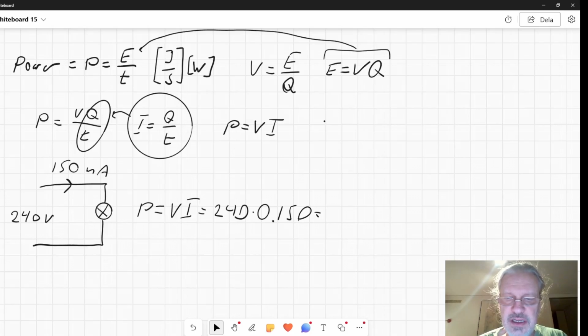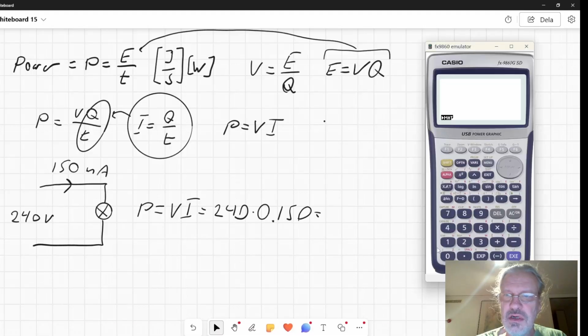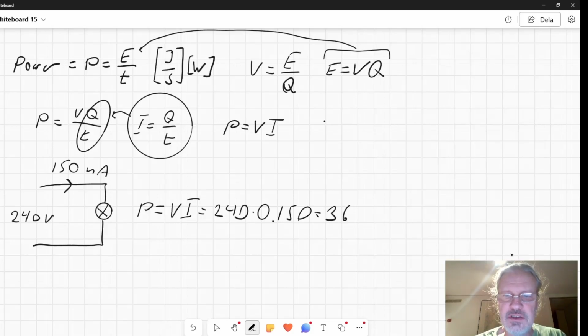Okay, so let's take our calculator here, and we do 240 times 0.150. Oh, we get 36 watts. So our lamp will use 36 watts. So that is 36 joules per second to shine.